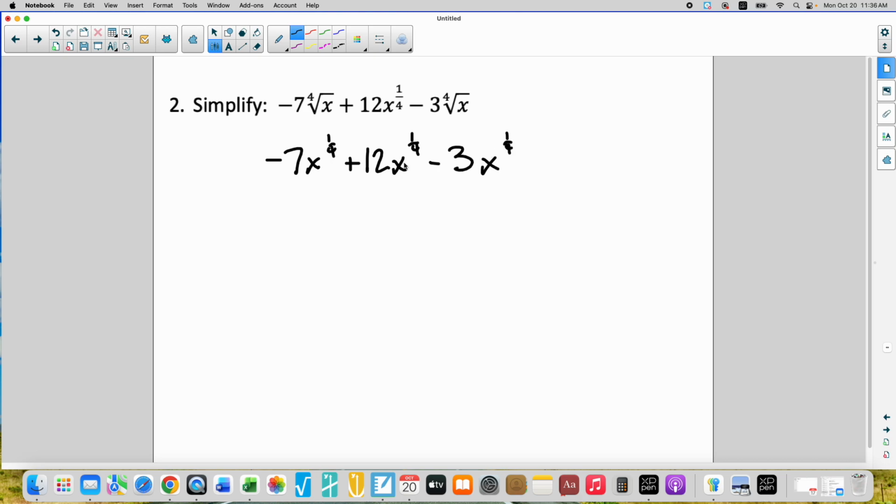Now, since they are like terms with the same base and the same exponent, we're going to combine their coefficients. So we take -7, positive 12, -3, leaving me with positive 2x to the 1/4.